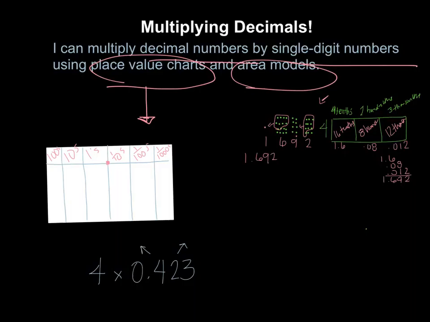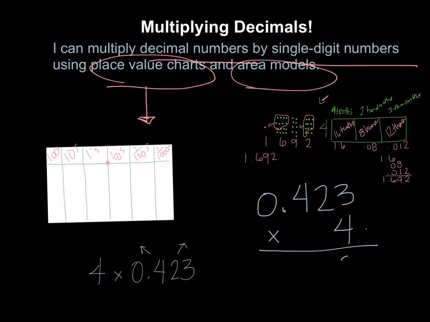So if we take the problem, 4 times 423 thousandths, I'm going to put my longer number at the top. And by longer, I mean the most digits. It doesn't mean more, because we all know that 4 is greater than 423 thousandths. So line them up like this.